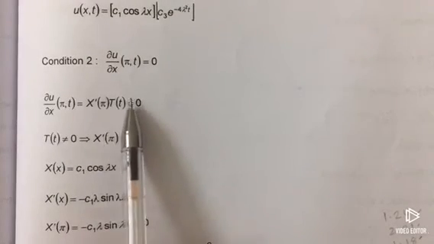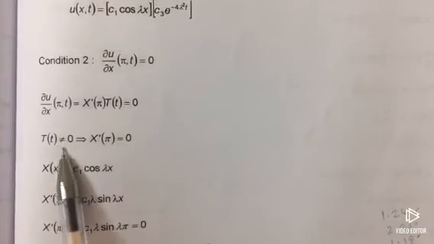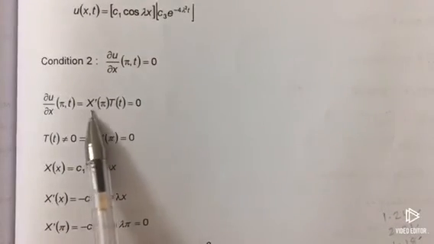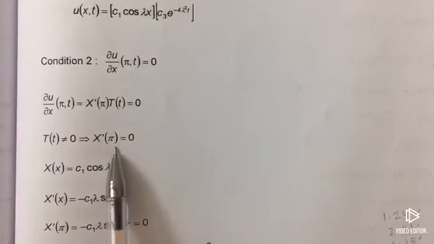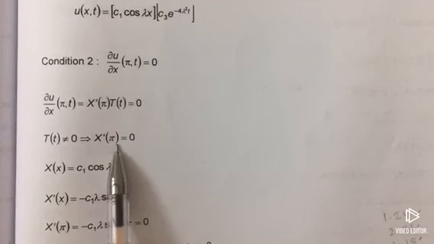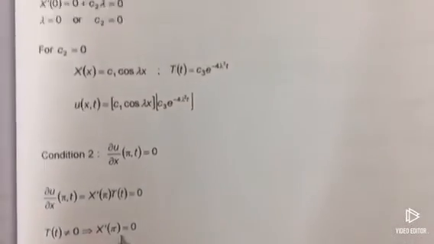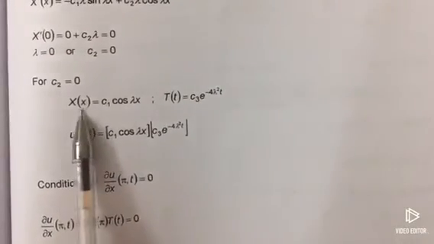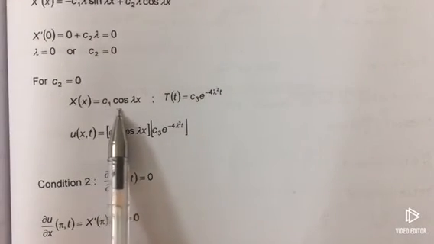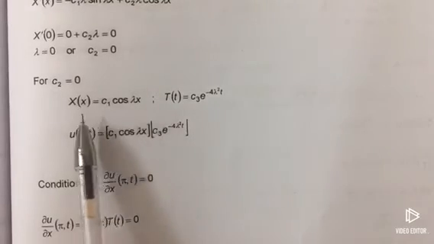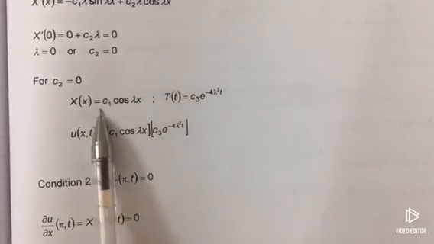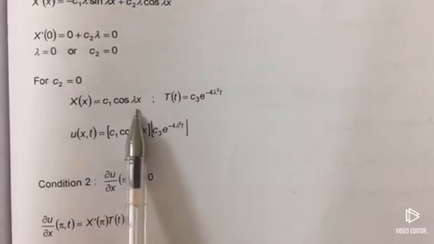We use the condition that T(t) is not equal to 0, which implies that X prime(pi) equals 0. From our solution, X(x) equals C1 cos(lambda x).